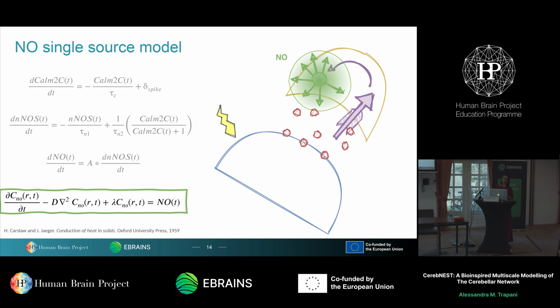What's left to model is the diffusion, which we implement by using the heat diffusion equation from a point source. So thanks to the low molecular weight that I was mentioning and the non-polarity of the nitric oxide, we can safely assume that it diffuses isotropically through the tissue. In this way, we have a constant diffusion coefficient and radial symmetry.